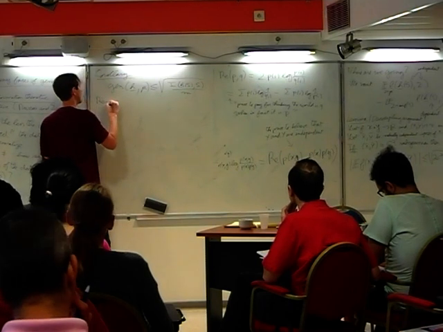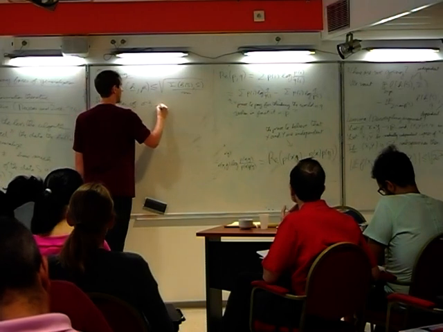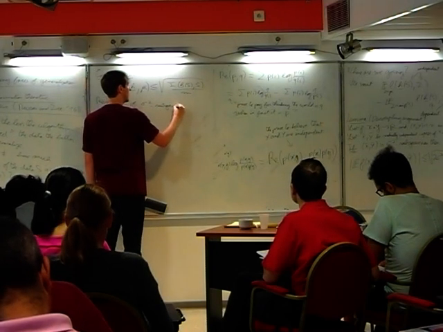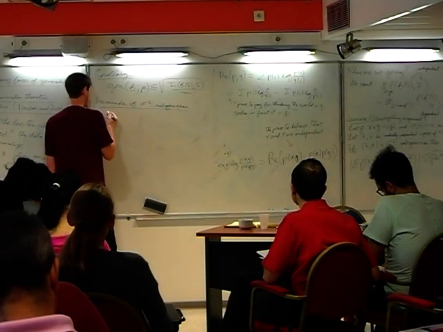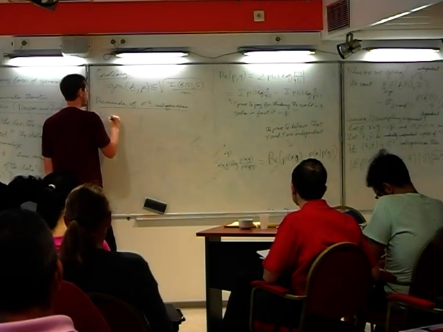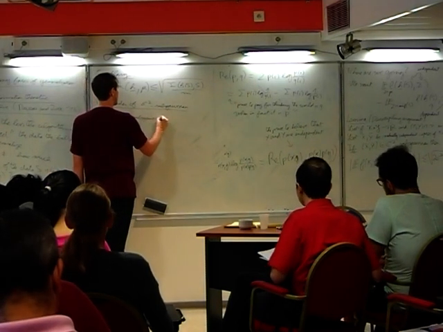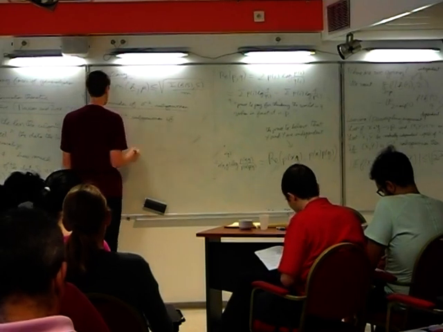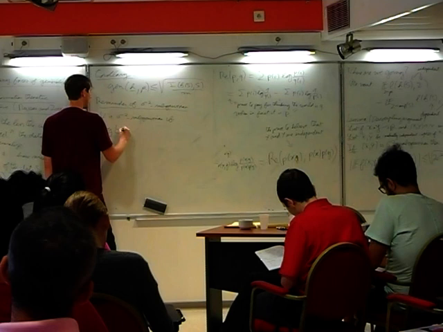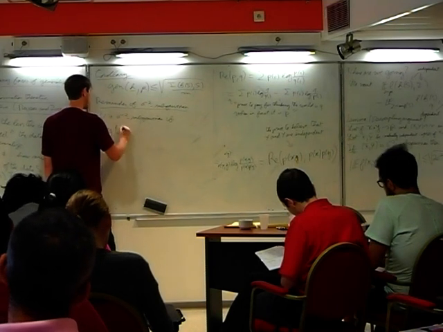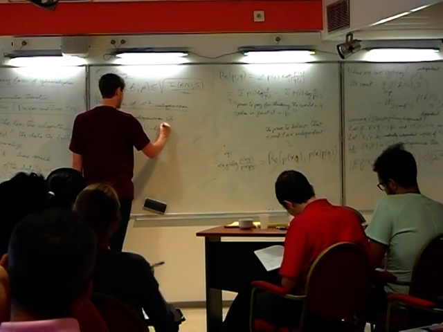A reminder of sub-Gaussian. U is sigma squared sub-Gaussian if the following inequality is true: the log of the expectation of e to the lambda times (u minus the expectation of u).